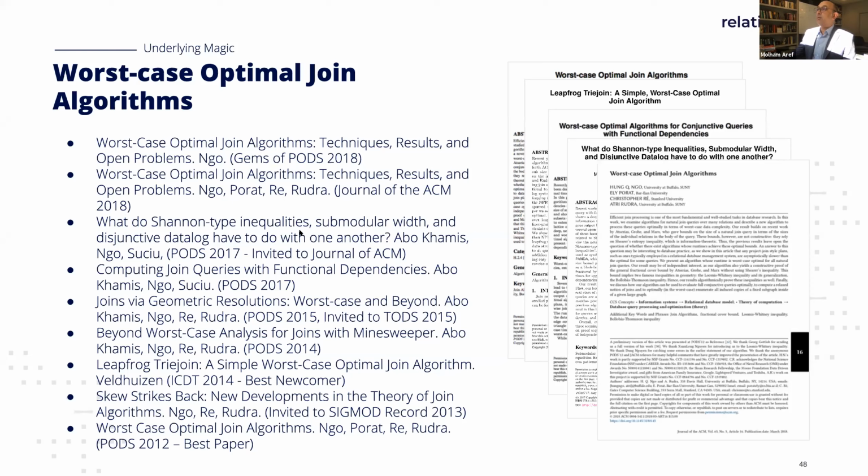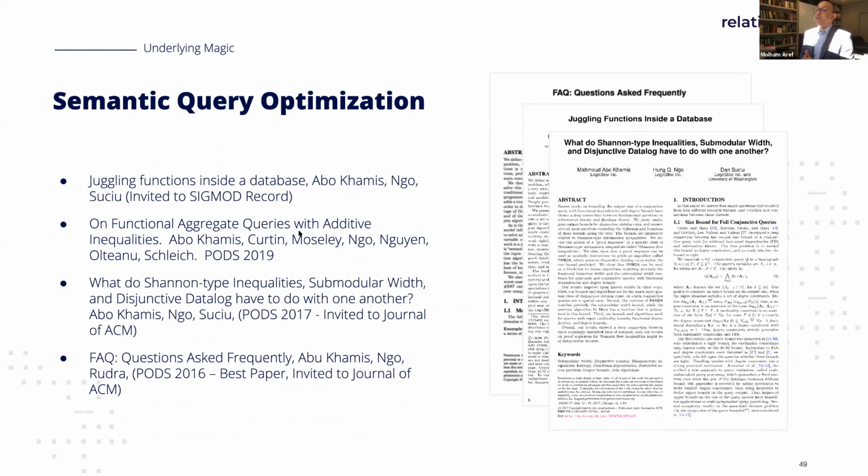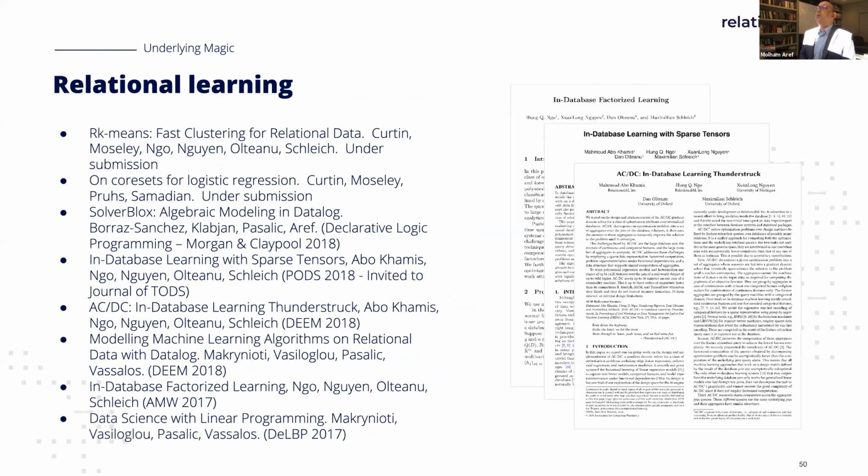We've done work on semantic query optimization, again rethinking relational query optimizers to work in the context of knowledge graphs. So keeping the best of what that technology had, but also adding things that are important to make the relational paradigm work with knowledge graphs. We've also done work on relational learning, and have advanced the state of the art in terms of how you do machine learning and statistical modeling in the presence of knowledge and knowledge graphs.